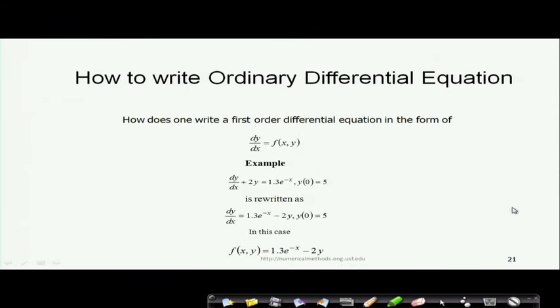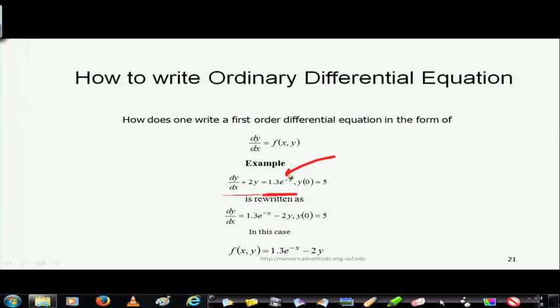Now, you see how to write an ordinary differential equation. An ordinary differential equation you know is dy/dx equals f(x, y). Now, how do I write it? Suppose this is given: dy/dx plus 2y is 1.3 e to the power minus x, and this part is the initial condition.